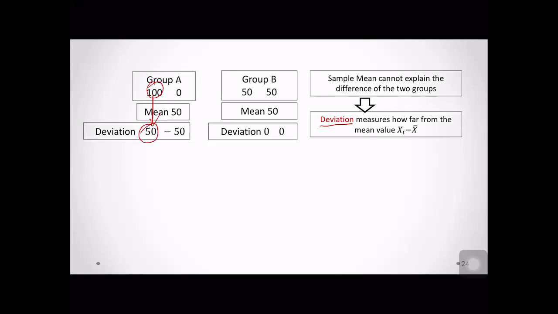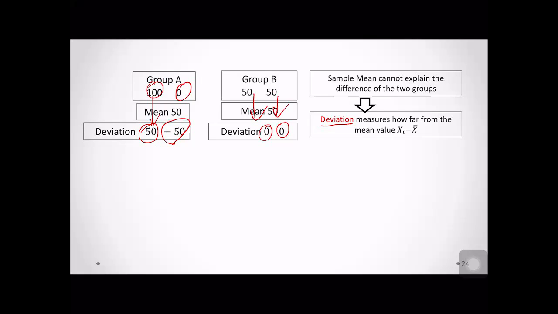For the other student, the deviation from the mean is 0 minus 50, so it's minus 50. This means the student who gets 0 underperforms the mean, or deviates from the mean value, by negative 50. We do a similar thing for group B: because the mean is 50 and both students score 50, the deviations are 0 and 0.